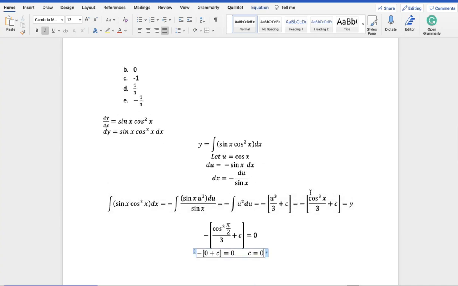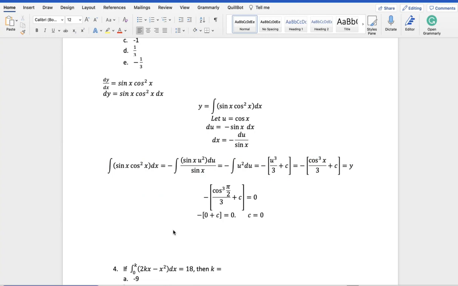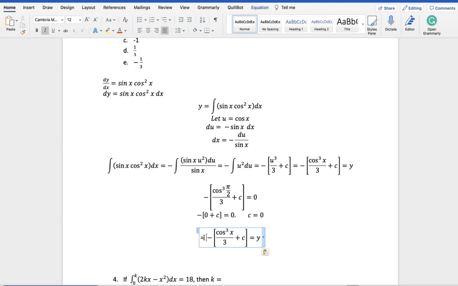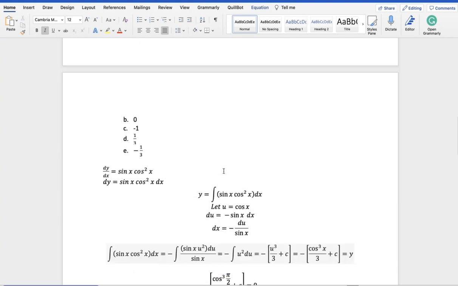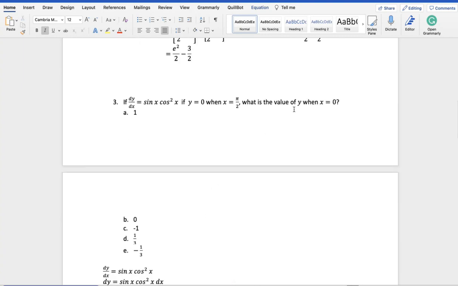Meaning, if you go back to the original equality, you have now that y is just equal to cos cubed of x over 3, which is helpful because then we can evaluate the value of y when x is equal to 0.